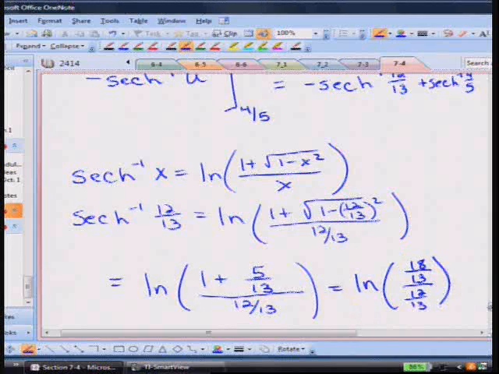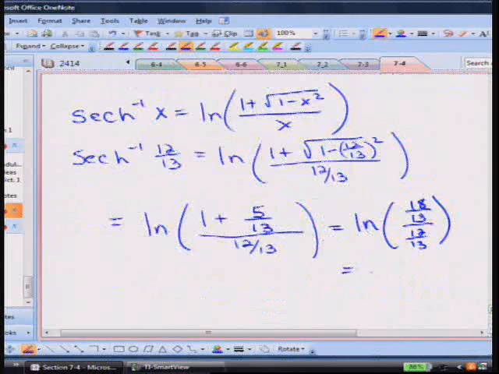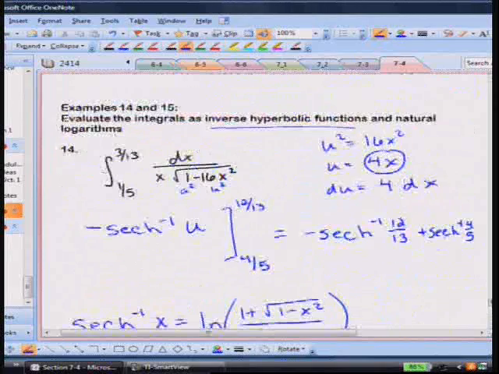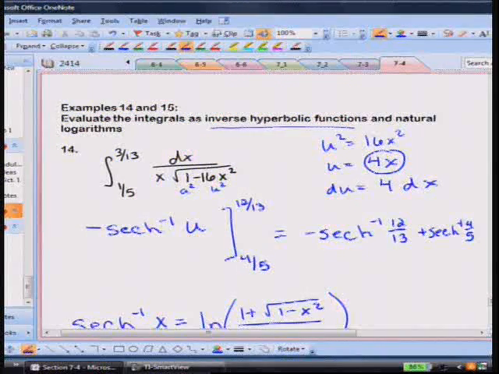And then you can flip that and you get the ln of 18 over 12, which is the ln of 3/2. Okay, and then you could go through and do the same thing for the inverse hyperbolic secant of 4/5, and then subtract, do that minus that.